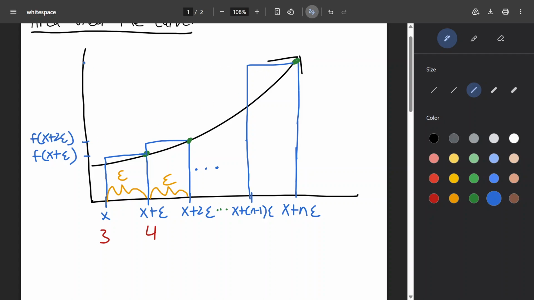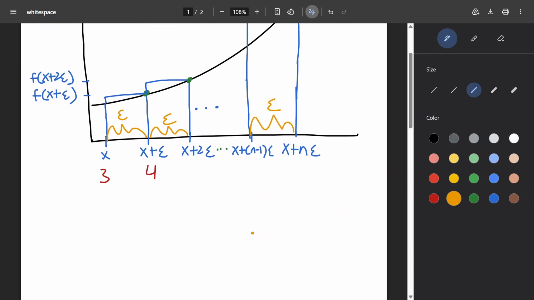And this output up here is going to be f of x plus n epsilon. Great. All right, now if we were to take the sum of all of these rectangles, then we would have the base times the height, right, added together for all of these rectangles.